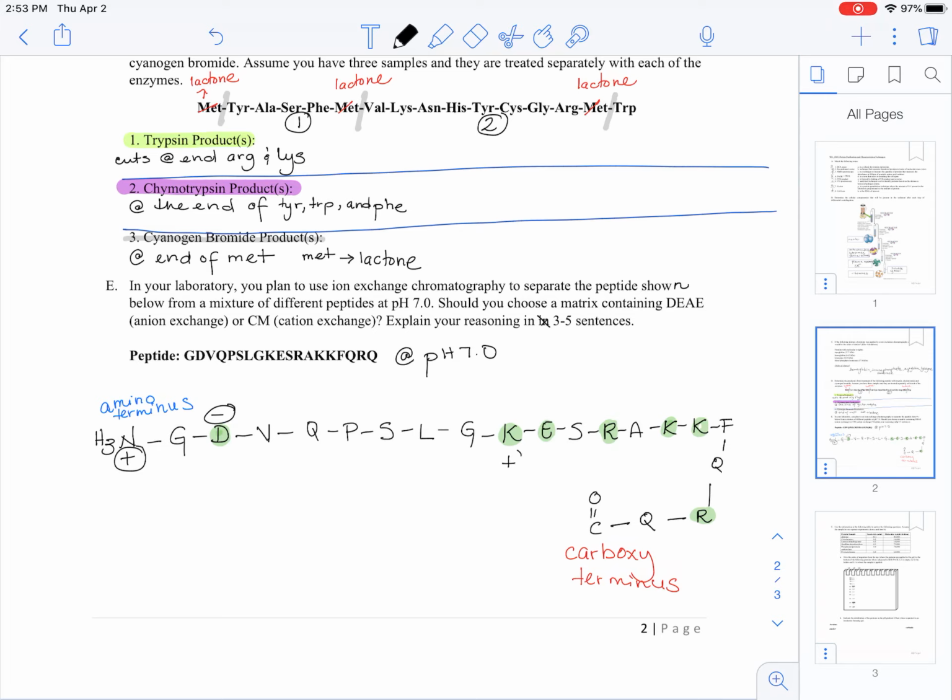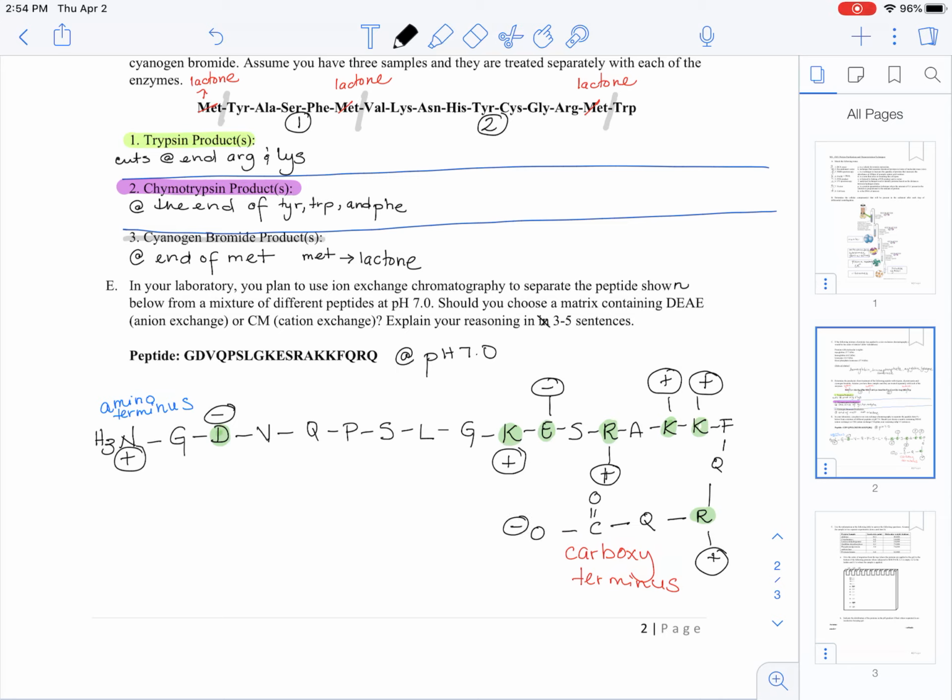Lysine, because of the pKa of the side chain, is going to be positive. That glutamic acid is going to be negative. Arginine is going to be positive. Again, we already have those lysines being positive. And the carboxy terminus is going to be negatively charged.